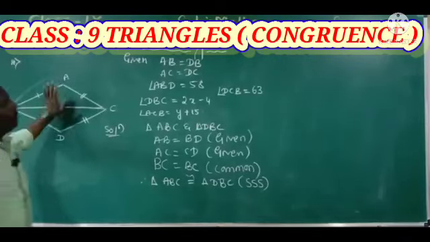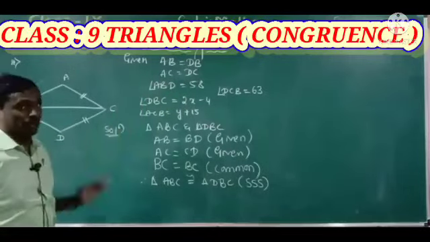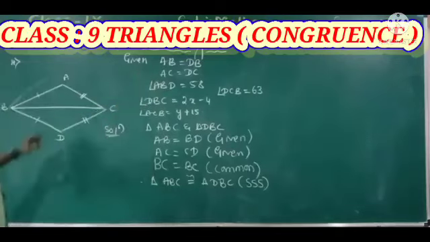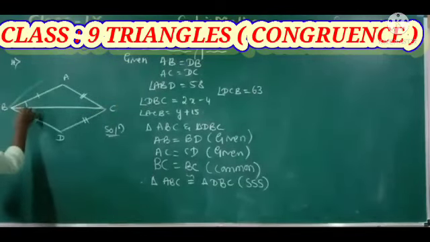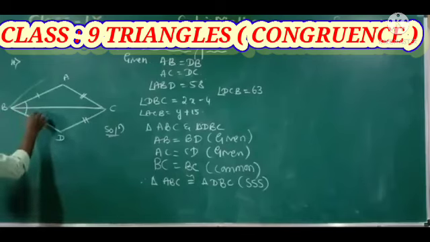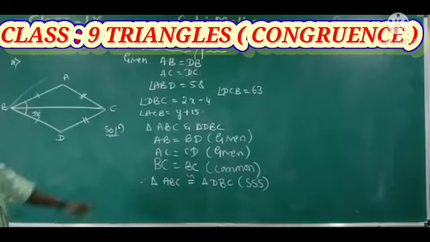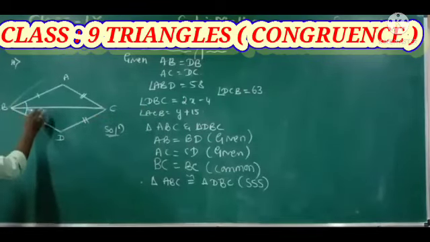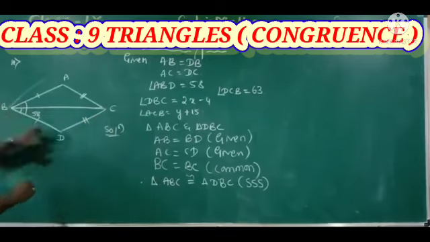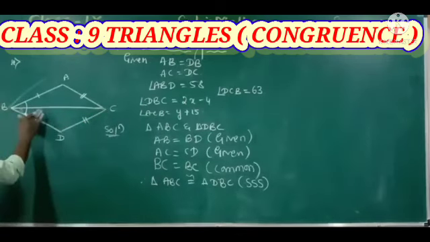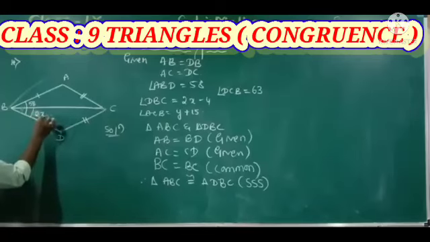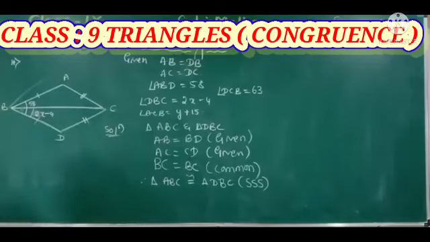Clear? Now, what do you have to find here? The x and y values. What are the given angles? Just observe what the given angles are first. Angle ABD, where it lies, this complete angle is 58 degrees. Next one, angle DBC, only this angle DBC is 2x minus 4, right?